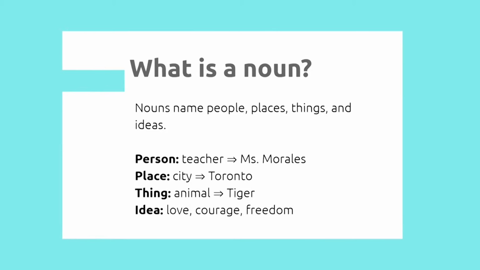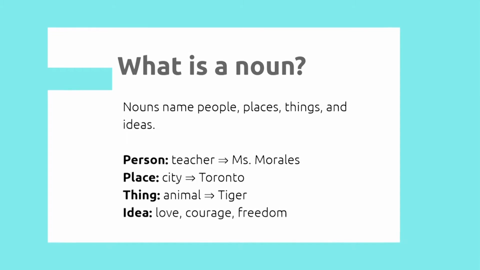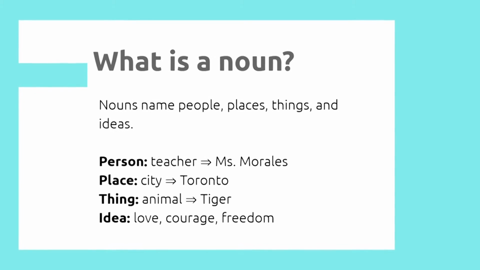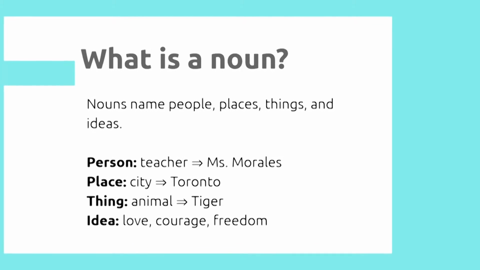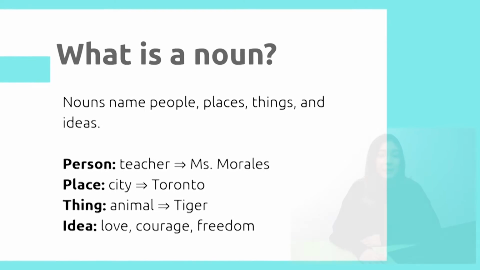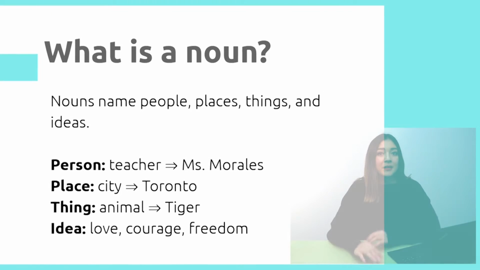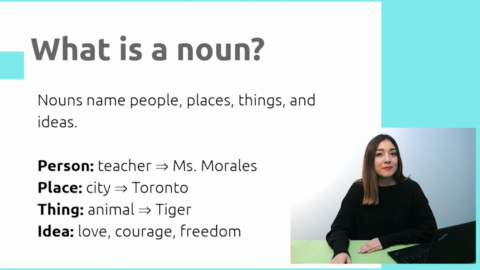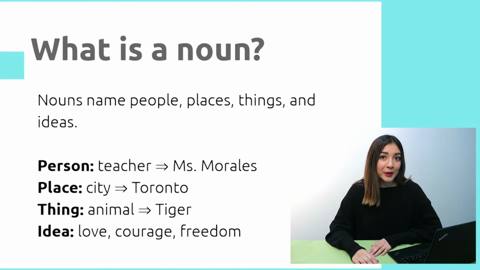Okay, let's get started. So first, let's review what is a noun. A noun names a person, place, or thing, or an idea. Some examples could be your name, a place you like to go, such as maybe your favorite restaurant, an animal you like.